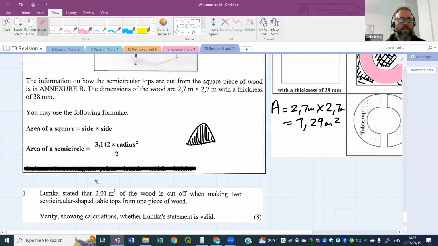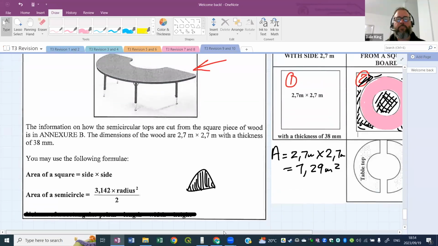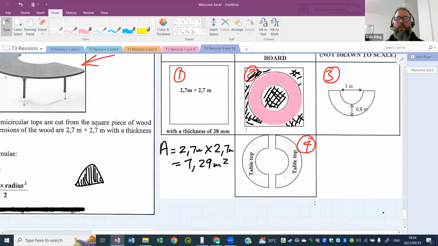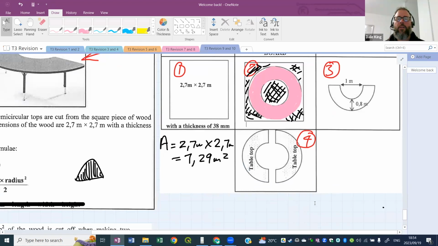I think he stated that 2,01 of the wood is cut off when making these things. So I think that's what's left behind. Yeah, it's a circle. So I think you have to work out the area of a semicircle first.